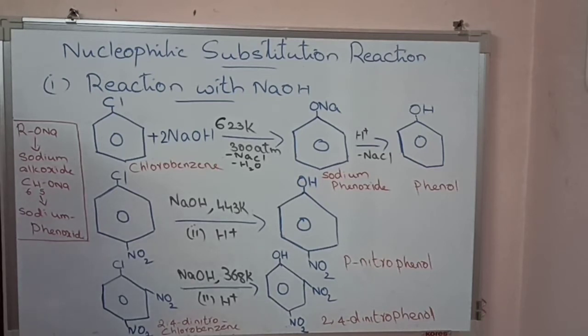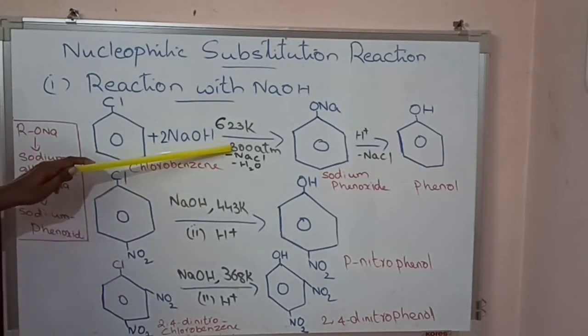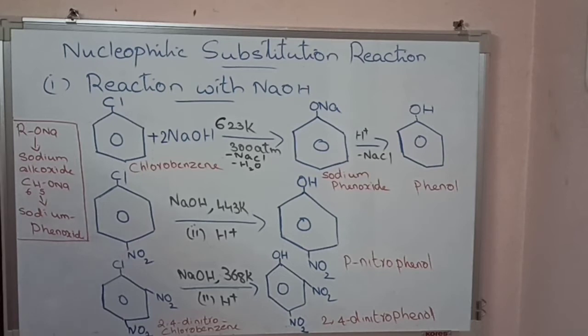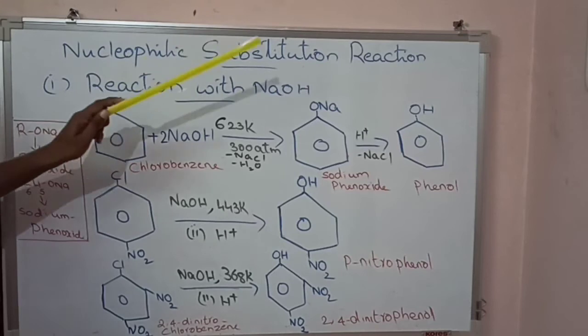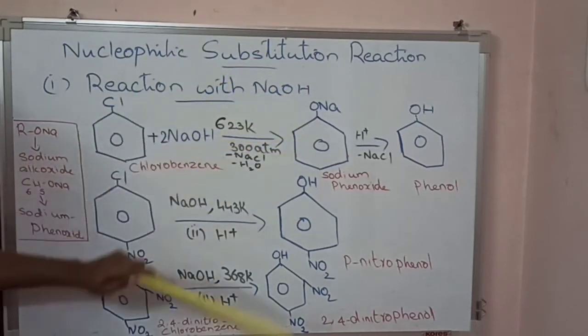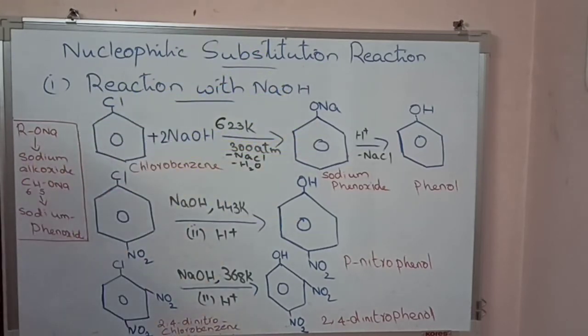For example, chlorobenzene on treating with aqueous NaOH under high temperature 623 Kelvin and at high pressure 300 atmospheric pressure, then you will get sodium phenoxide. What is sodium phenoxide?